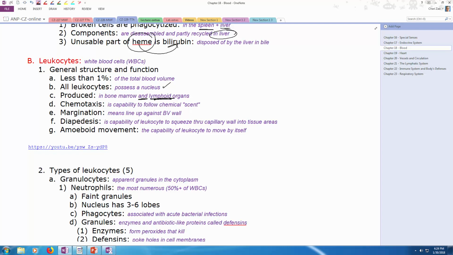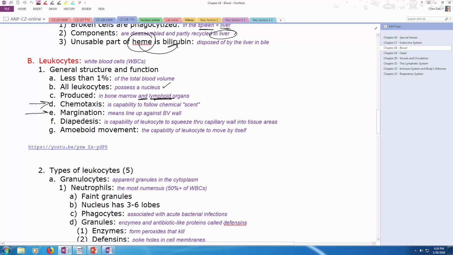So chemotaxis here is the ability of our white blood cells to actually smell, so to speak, and I say smell because they're responding to a chemical scent. And the reason I say scent, material that's in an environment. And they respond to this chemical scent by noticing it, and then they follow it. So that's chemotaxis. There's this chemical in the environment. They notice it and they follow it. They're attracted to it.